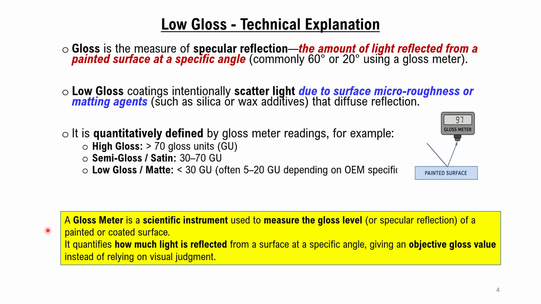In this case, a gloss meter is used, which is a scientific instrument used to measure the gloss level of a painted or coated surface. It quantifies how much light is reflected from a surface at a specific angle, giving an objective gloss value instead of relying on visual judgment.